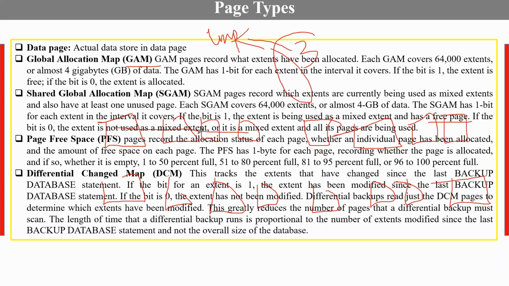So make a note: it also tracks the uniform extent, but they are not mentioning it explicitly. Zero means maybe it is a uniform extent, or maybe it is a mixed extent completely occupied with data.